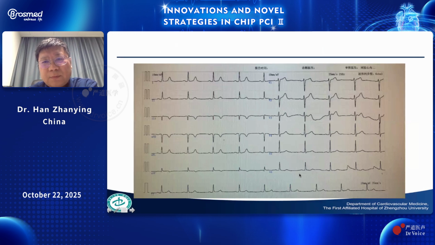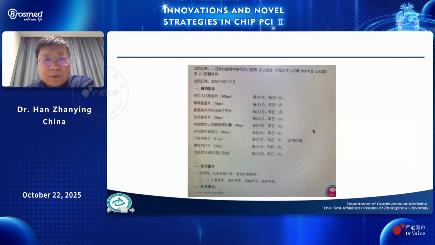The EKG demonstrates normal, and our diagnosis is coronary disease, maybe NSTEMI, and PCI. She had PCI in another hospital and has diabetes too. She was given commonly used medicine like aspirin, clopidogrel, and others.